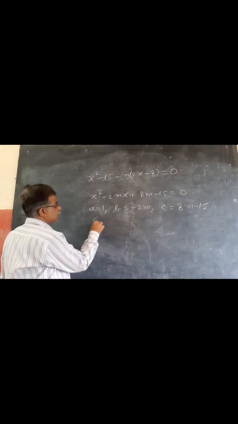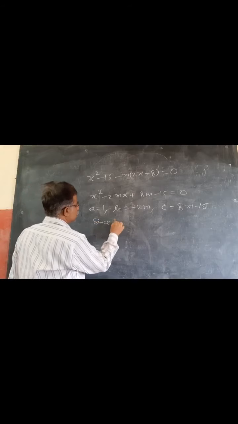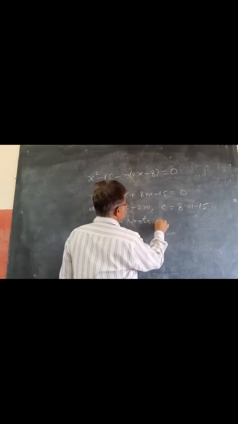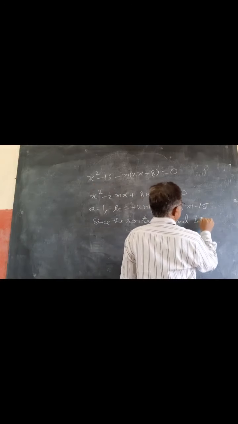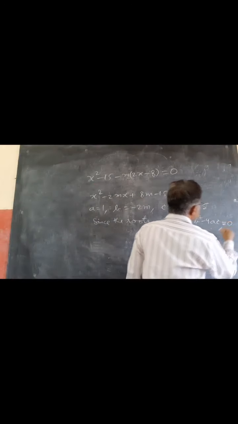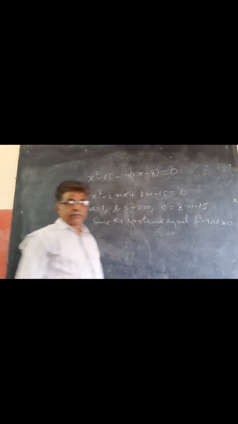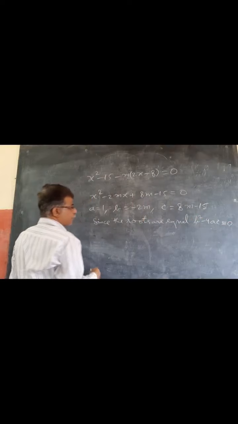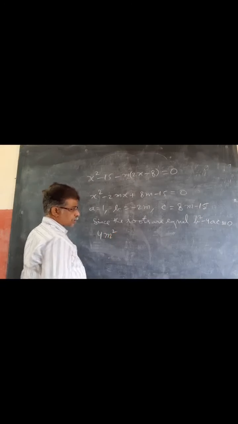Since the roots are equal, what can we say? b square minus 4ac equal to 0. What is b square here? Minus 2m whole square, that is 4m square.